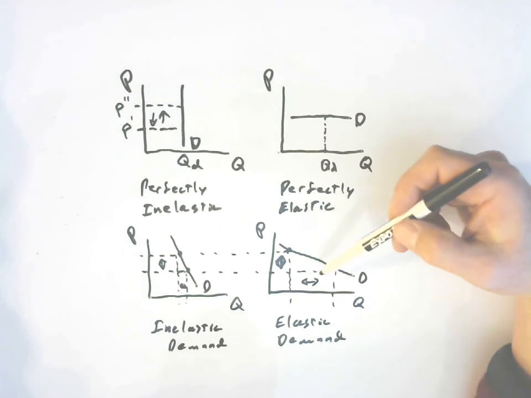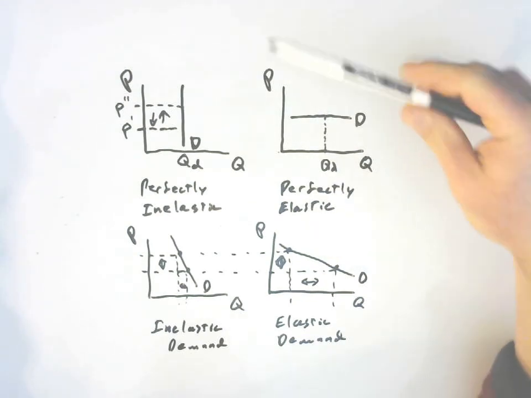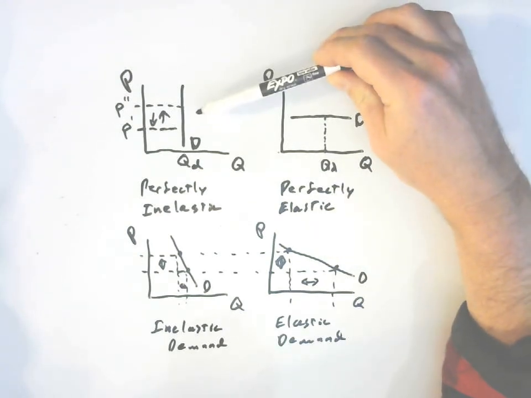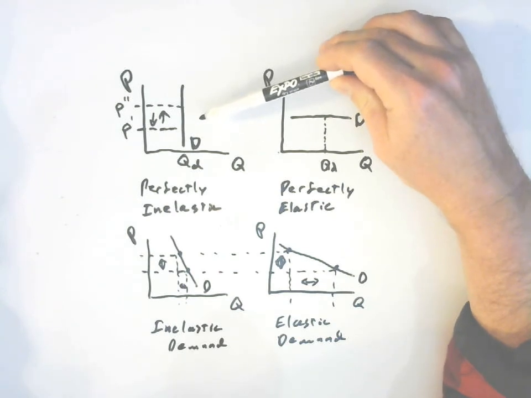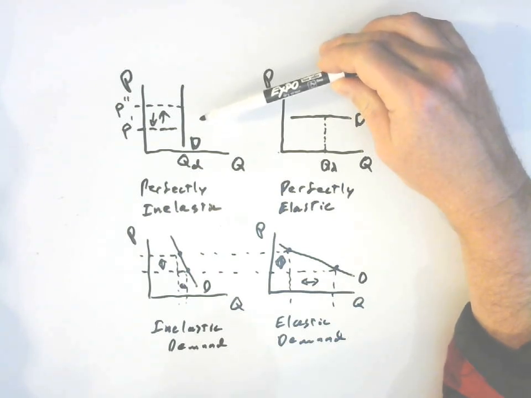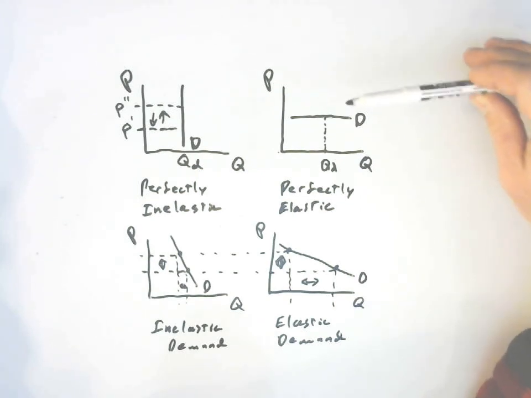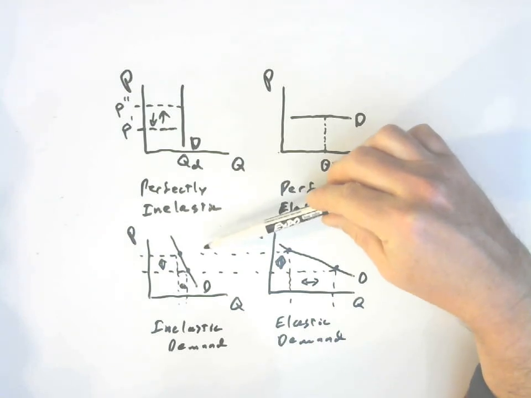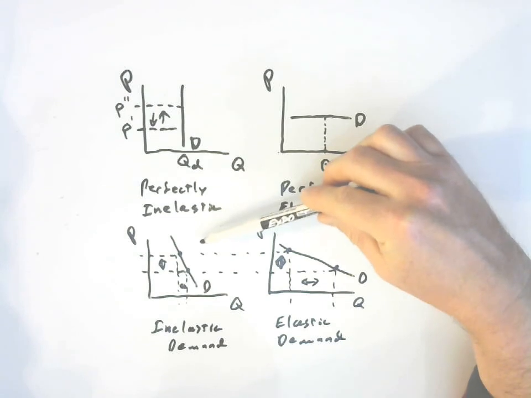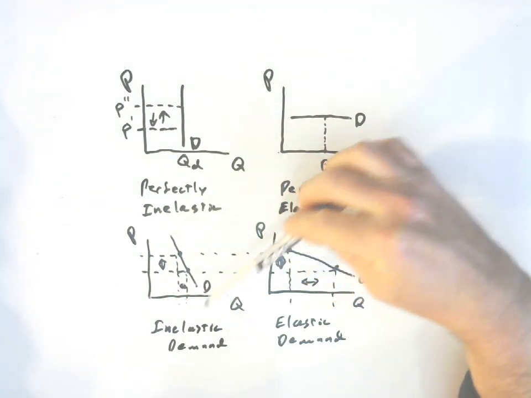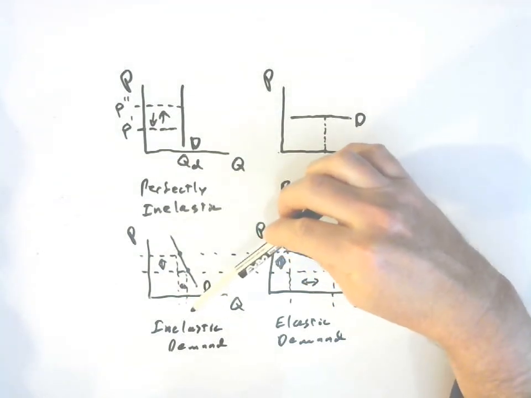Okay, so let me go over these again. We have complete insensitivity to a change in the price of the product. We call that perfectly inelastic demand. We have complete sensitivity to a change in the price of the product. We call that perfectly elastic demand. We have some sensitivity to a change in the price of the product, but for the most part, people are relatively insensitive to a change in its price.